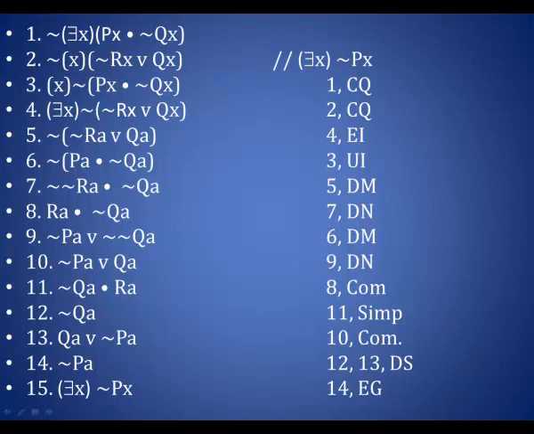So the only thing I could really do was CQ. So after I CQ'd on line 3 and 4, hey, we're right back in business with our normal thing. We can just EI, UI. We do a few rules of replacement with De Morgan's and double negation. Then we flip a commutativity, and then just a couple rules of implication, and then an EG at the end. And bada boom, bada bang, we got our answer.